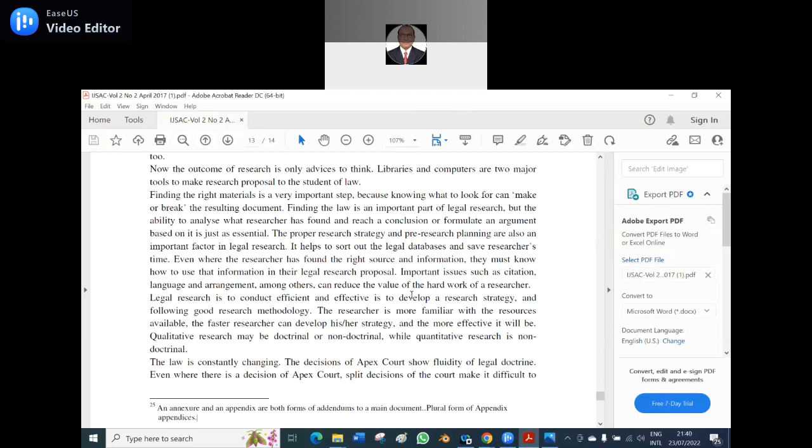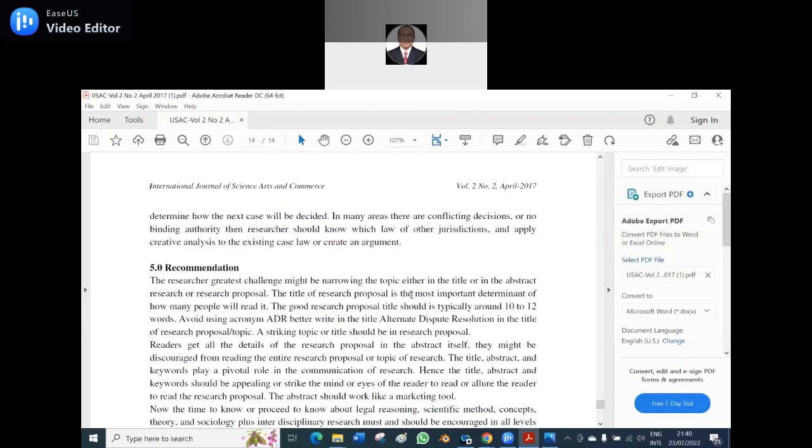Even when there is a decision of the apex court, split decisions of the court make it difficult to determine how the next case will be decided. In many areas there are conflicting decisions and no binding authority, so the researcher would need to know which law of other jurisdictions can apply, creating analysis of the existing case law or creating an argument.